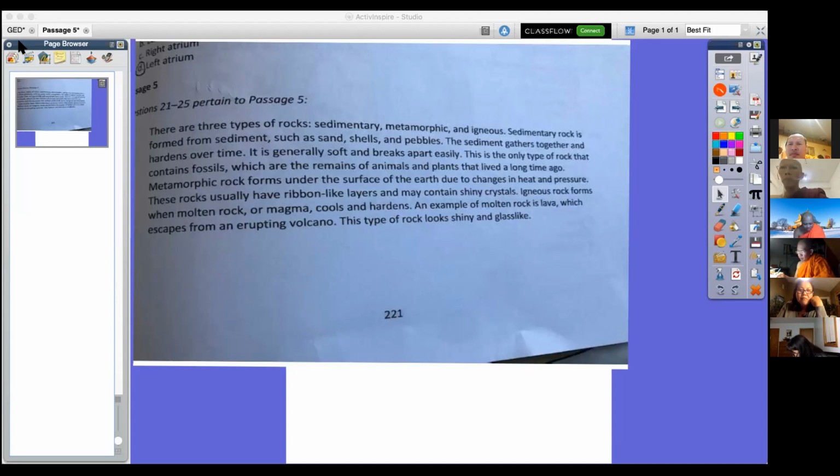An example of molten rock is lava, which escapes from an erupting volcano. This type of rock looks shiny and glass-like.